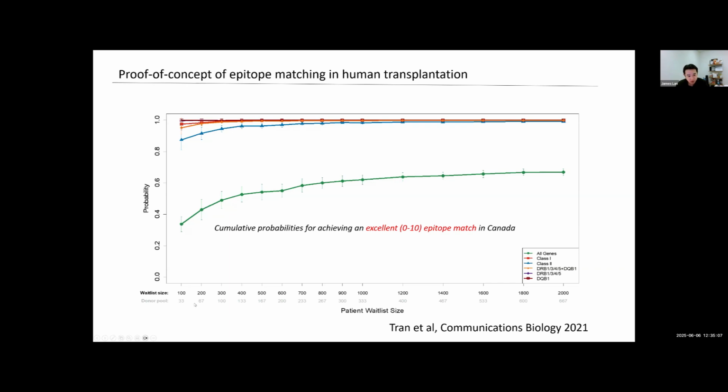And what you're seeing is that even at a waiting list size of 200 to 300, most of the time, almost close to 99%, we're able to find a patient on the waiting list that is well matched with that organ. So it turns out that there's a very good chance that for every organ that we have, we can find a home for a patient who's well matched.